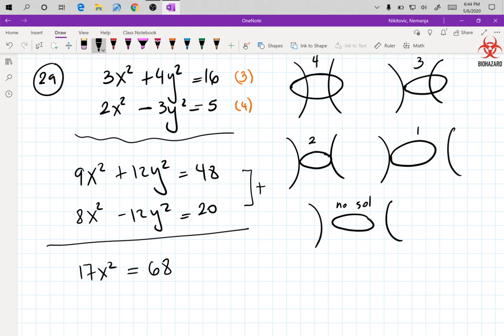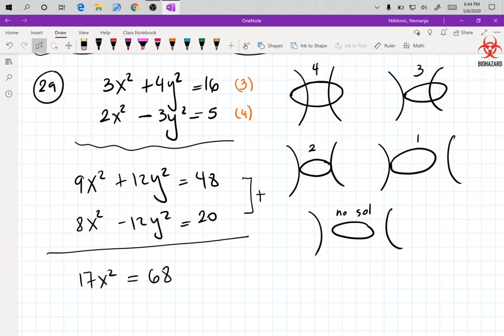And if all of this, so like 3 times 3 is 9, and then 12, and then 48, and then 8, and then negative 12, and then 20. Just want to make sure I copy this right, because this doesn't look good. 3x squared plus 4y squared equals 16. 2x squared minus 3y squared equals 5. Yep, I got it. All right.